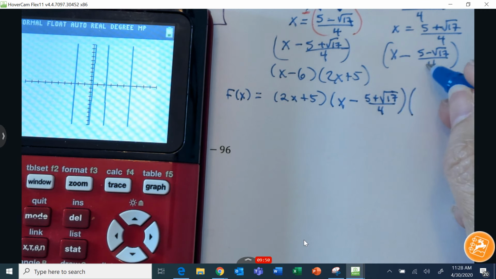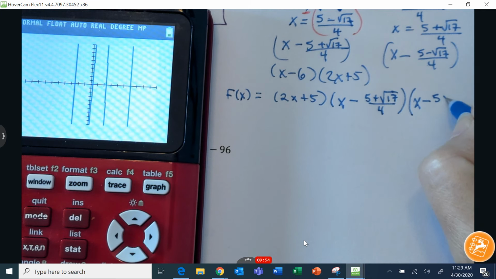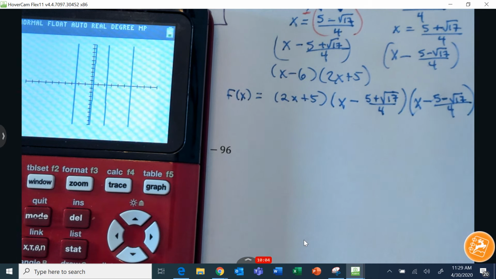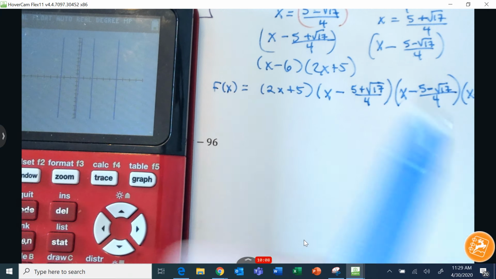And then the next one will be the other factor, x minus 5 minus square root 17 over 4. And then x minus 6. Okay, so this is what I think my answer is.